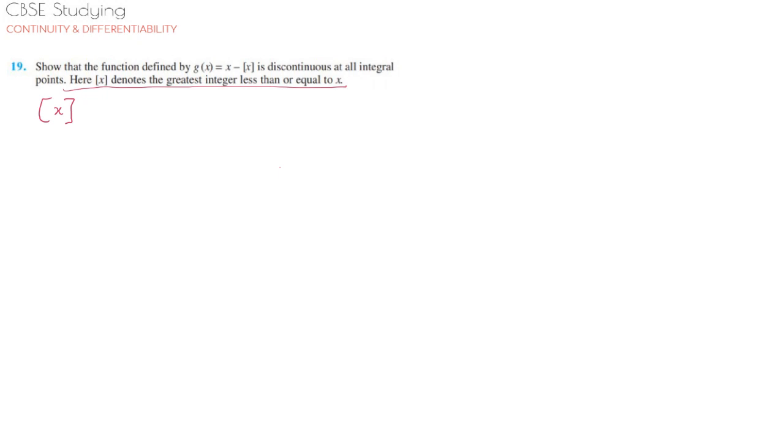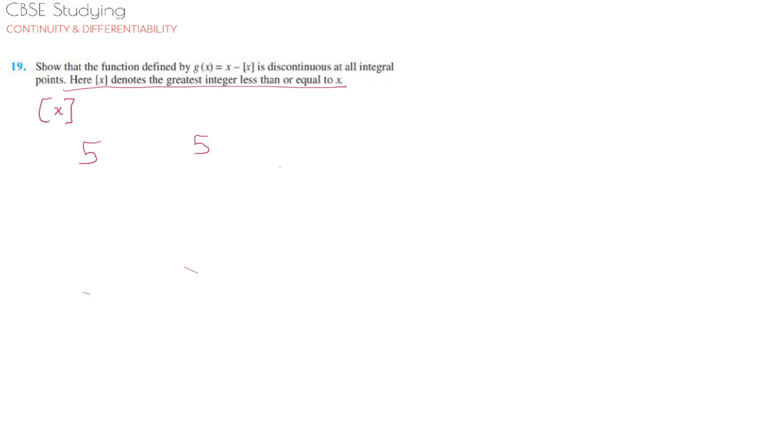Before we move on to the question, let me give you a little bit of a concept as to what the greatest integer is, so that your understanding is clear and it helps you solve the question better. Okay, so let's assume that I have a simple number 5. Now this number 5, if I have to write it in integer format, obviously it's going to be the same. It's going to be 5.